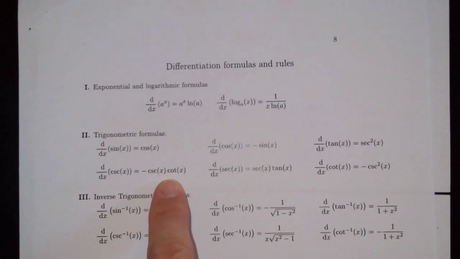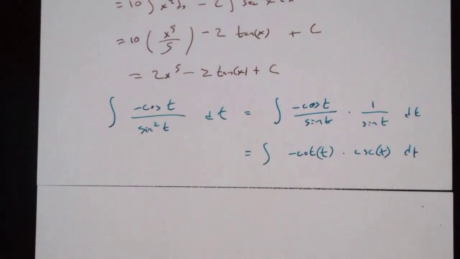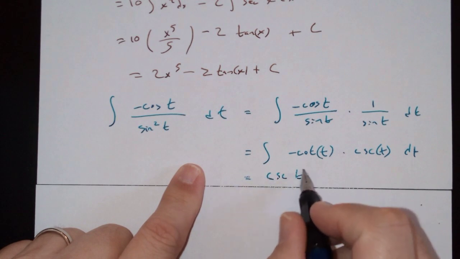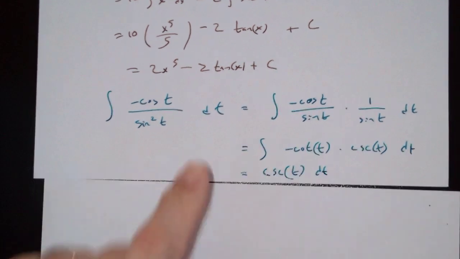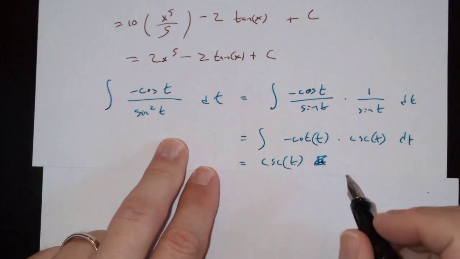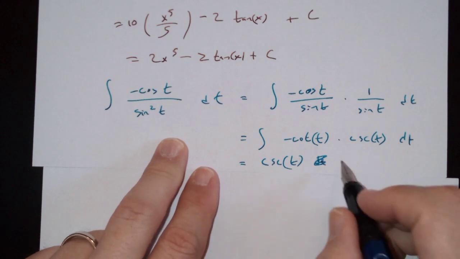Minus cosecant cotangent's right here, isn't it? Which means I know the antiderivative of this, because that's on my formula sheet as a derivative. Oop, not dt. I did my antiderivative. The dt goes away. What do I put at the end there? Plus c.